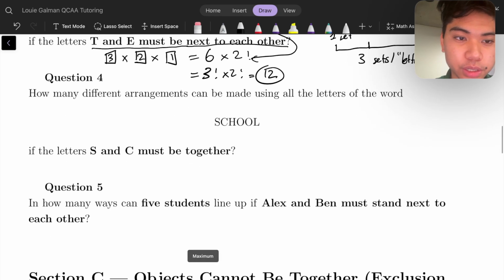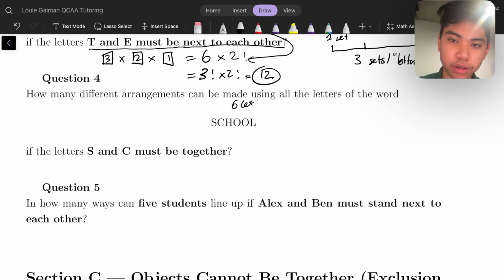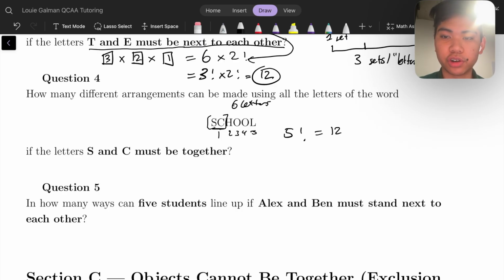So let's see the next one. How many different arrangements can be made using all the letters of the word school? School has 6 letters, but if we have S and C together as one block, then we technically only have 1, 2, 3, 4, 5 different boxes. So we need to have a 5 factorial in there, all right, so that's going to give us 120.